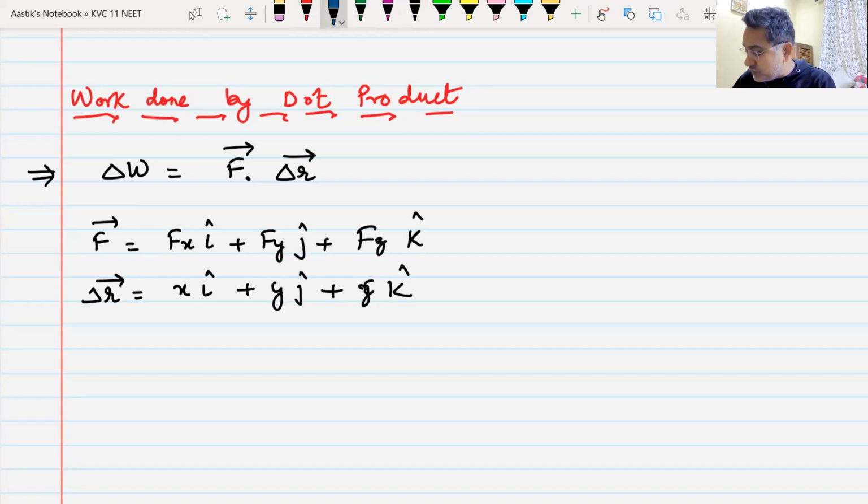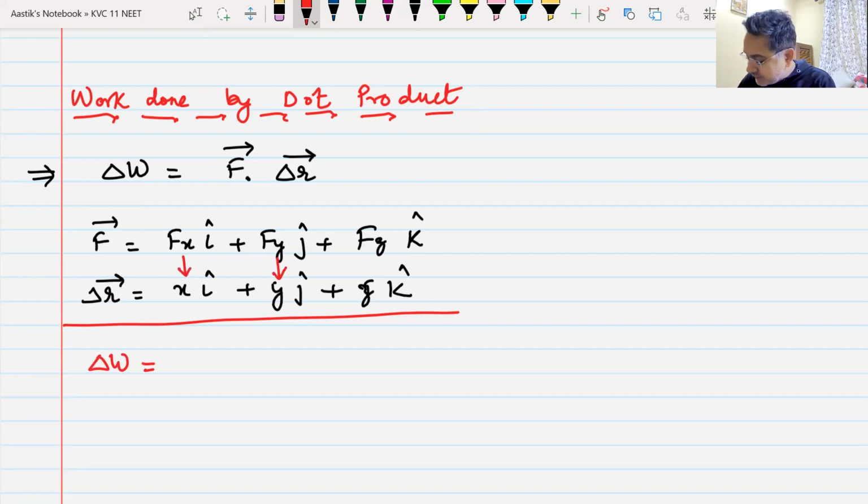Don't worry, how are you going to take the dot product? You just multiply i by i, j by j, and k by k, and you just add them. So your answer would be Fx multiplied by x plus Fy multiplied by y plus Fz multiplied by z.